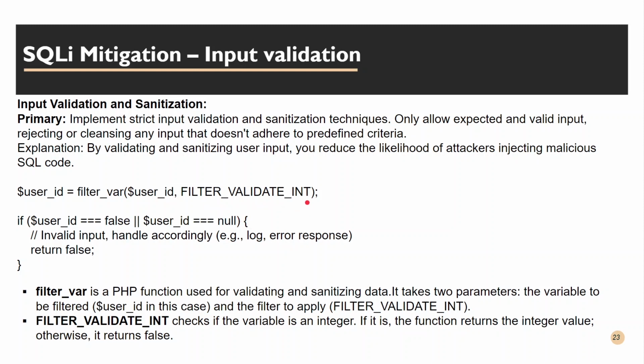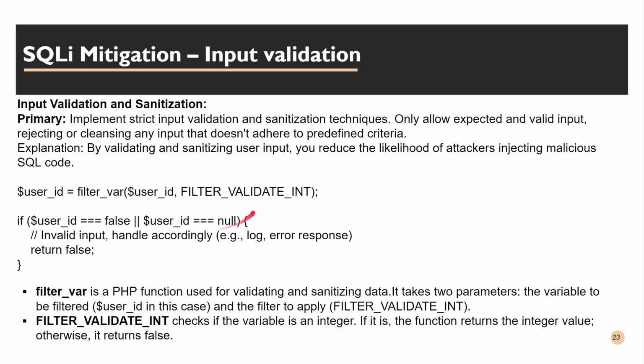What this is actually saying is that whenever the user enters any value that is not an integer, simply reject that. So we are specifically allowing only an integer value into the database. And then we also have the explanation for FILTER_VALIDATE_INT, which checks if the variable is an integer. If it is, the function returns the integer value.